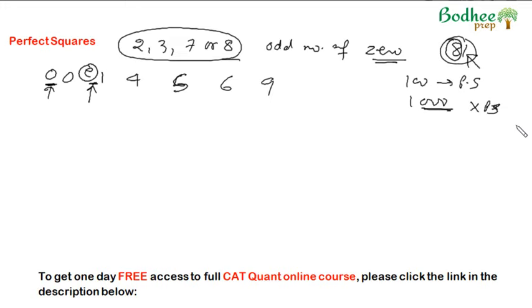For example 441, that is also a perfect square of 21, ending with 1, but the preceding digit is 4. Similarly 121 ending with 1, so the digit here is even, right? And for 4, the 10th place digit has to be even. ठीक है, जैसे 64, 144, again you can see that the 10th place digit has to be even.